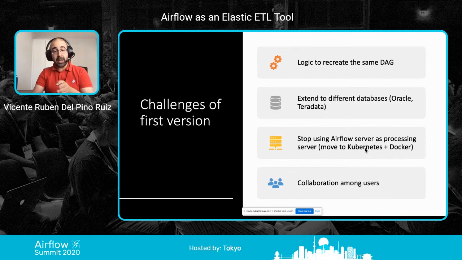So this is where we think that we should move. It's something that we have in mind. We know that using Airflow for orchestrating and executing is wrong. It's something that we did at the beginning, and we are moving now to use Kubernetes and Docker. So the main idea is that if you need to do a transformation, you spin up your Docker instance, this Docker instance does the transformation, and then you go to the next task.